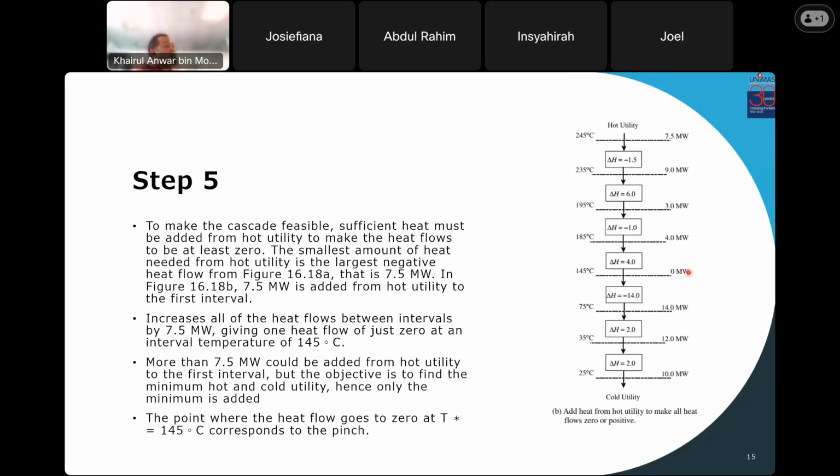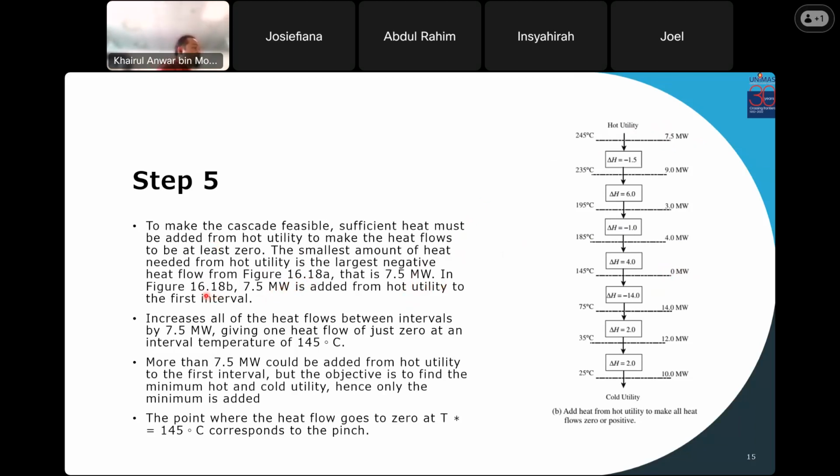So how much is sufficient is based on the highest negative value, 7.5. So 7.5 must be added from the hot utility to make the heat flow 0. The smallest amount of heat needed from the hot utility is the largest negative heat flow from Figure 16.18a. That is 7.5 megawatt.